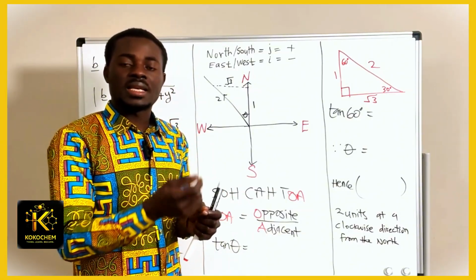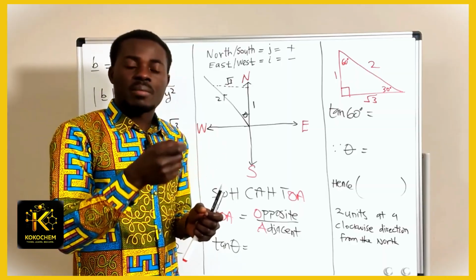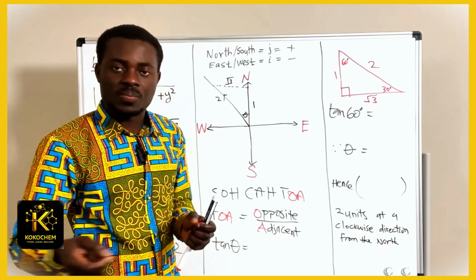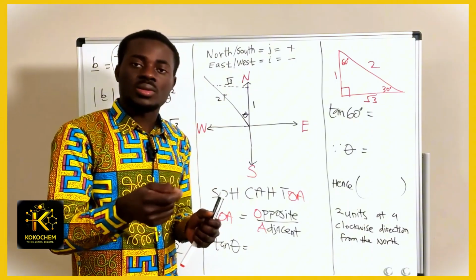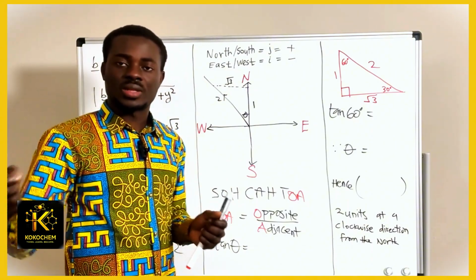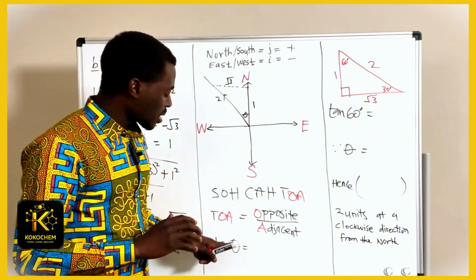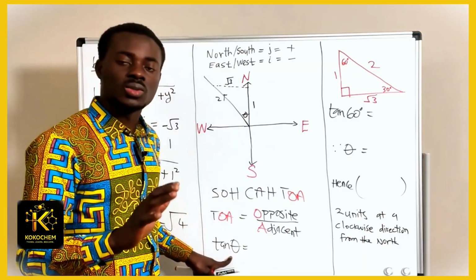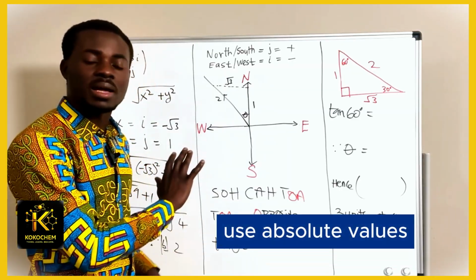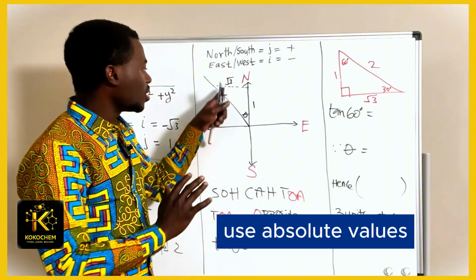The absolute value of negative root 3 is positive root 3, so when calculating theta we only use absolute values.